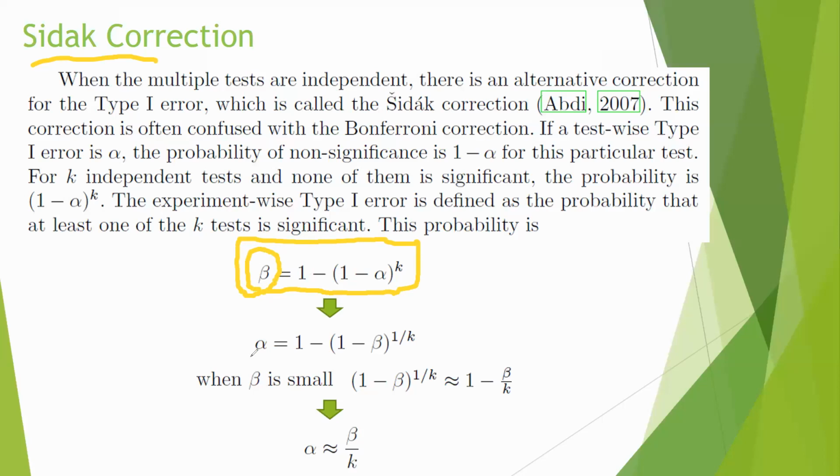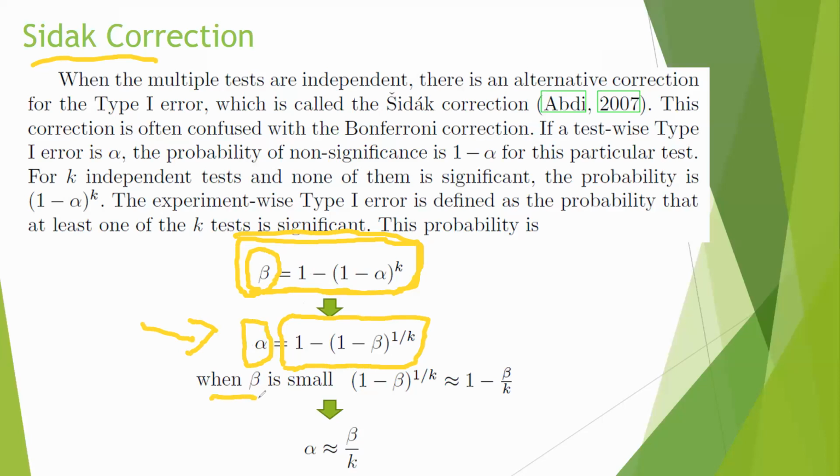If you rewrite this formula and solve for alpha, it will give you a relaxed cutoff for each individual test.